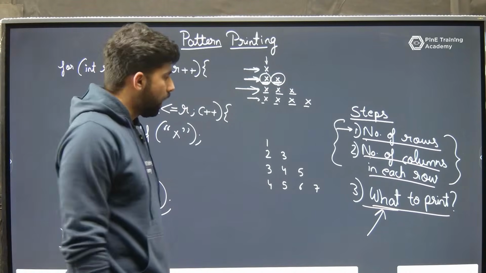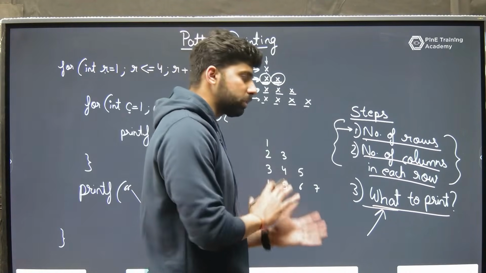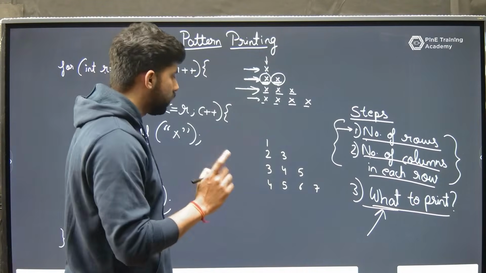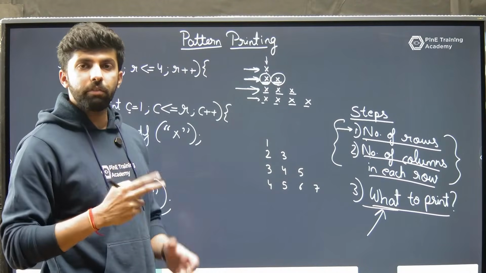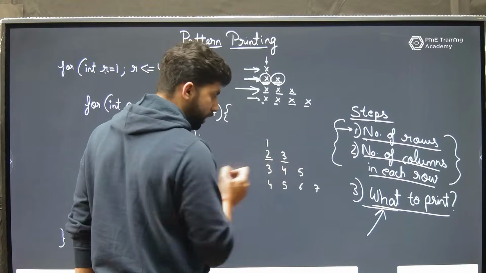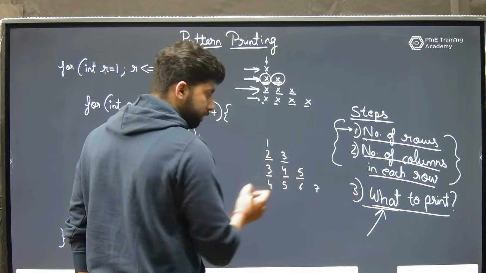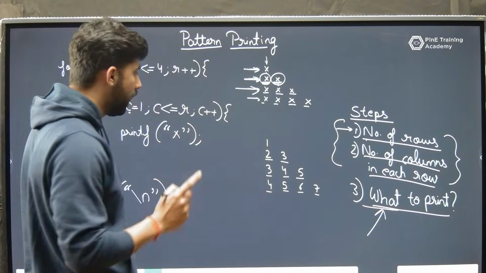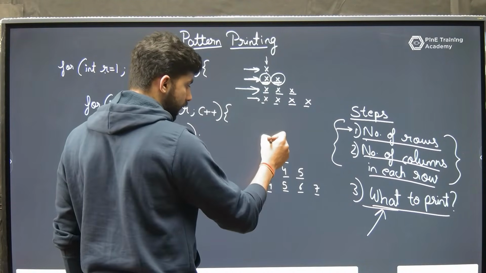Okay. And as I said, we need to observe the pattern carefully. If you observe the pattern, you will see there are 2 types of increment going on. One increment is like this, 2, 3, 3, 4, 5, 4, 5, 6, 7. This is one increment, and the other increment is in this direction.